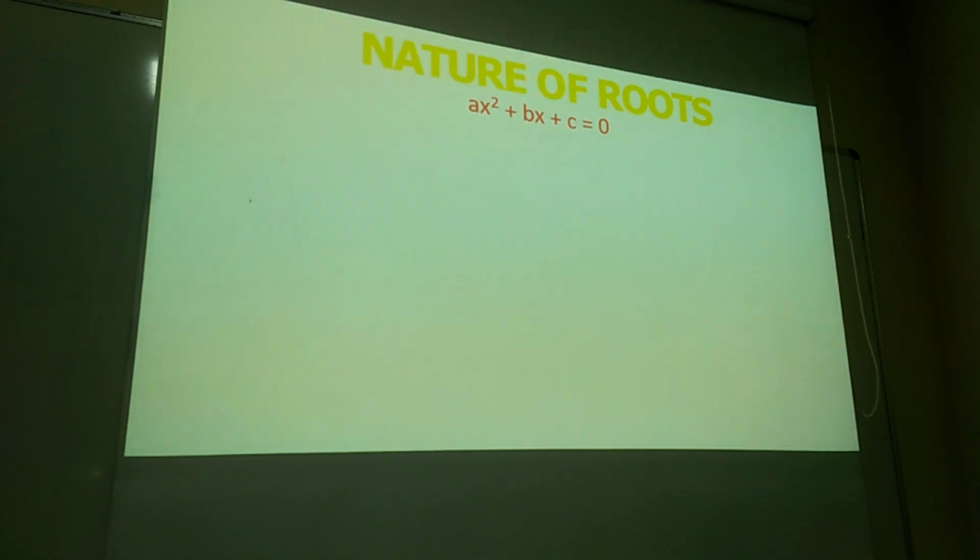Write down the standard form of quadratic equation: ax square plus bx plus c equals 0.